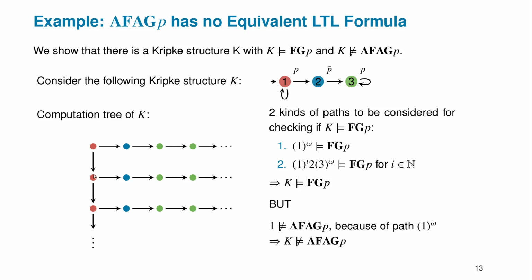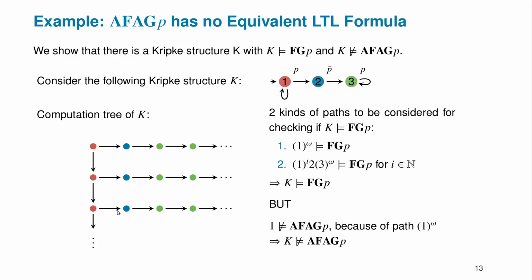This is indeed not the case, because it would hold for the path which goes down, but it does not hold on the path which goes to the right, because we have this blue circle, and in the blue circle P does not hold, and therefore we have one path where globally P does not hold. So the CTL formula does not hold after doing 1 step in state 1. And the same holds if we do 2 steps, 3 steps, any number of steps.